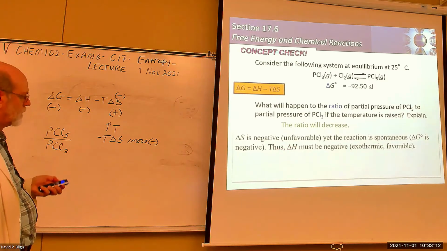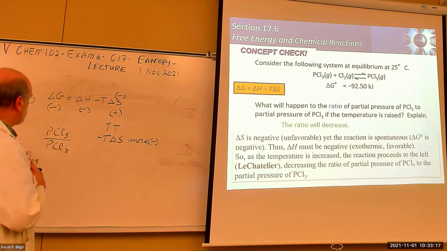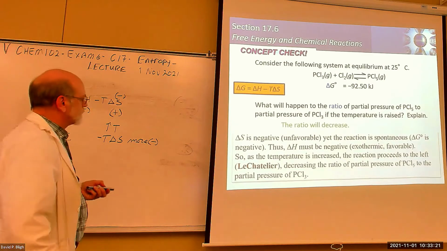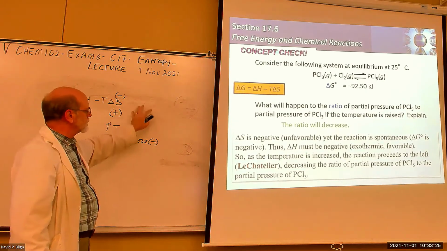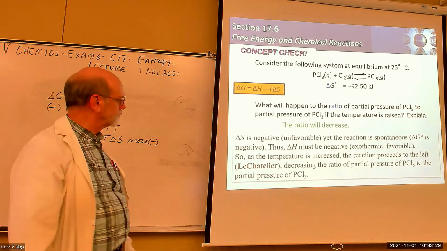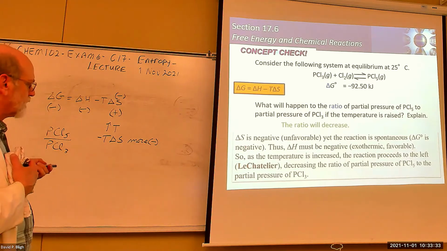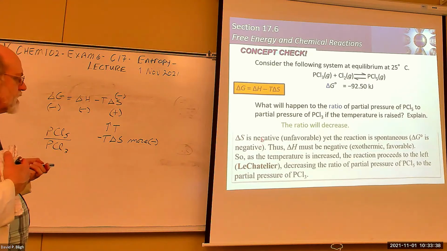So as the temperature increased, the reaction proceeds to the left. Okay. Yeah. If it's exothermic, then we put the energy term on this side, and if we increase the value of that one, it drives it back the other way. Okay. But this is approaching it from the enthalpy end. Delta G is negative.